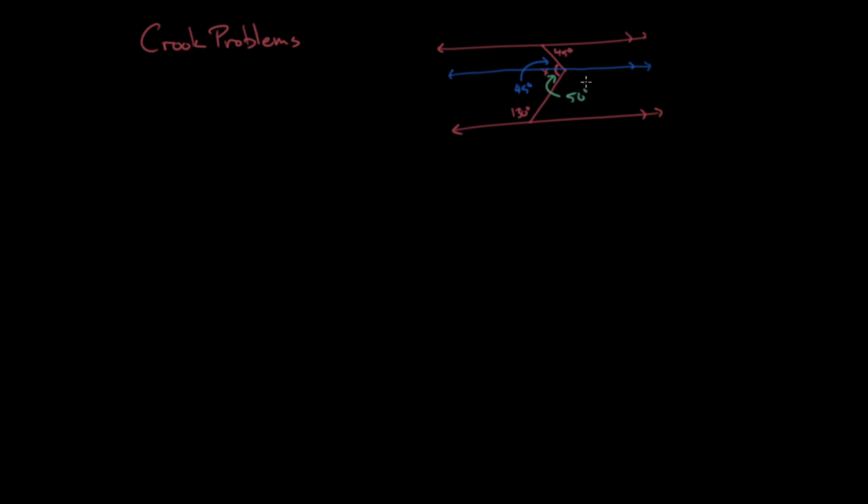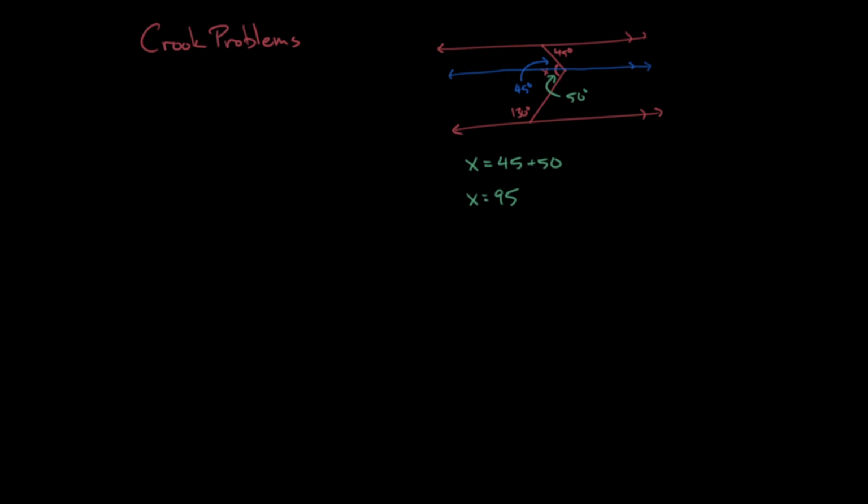So x, its measure, is just the sum of this 45-degree angle and this 50-degree angle. In this case, x is going to be 95. Okay? And that's all there is to it. I'm just going to take these problems I don't know how to do and turn them into something I do know how to do. So let's look at another one.